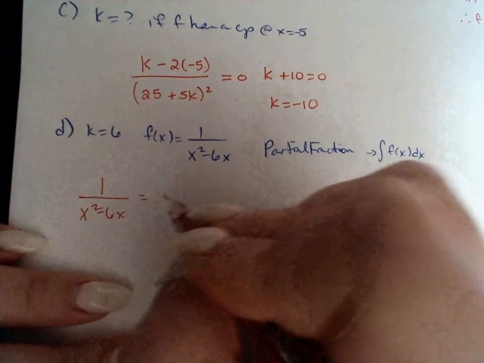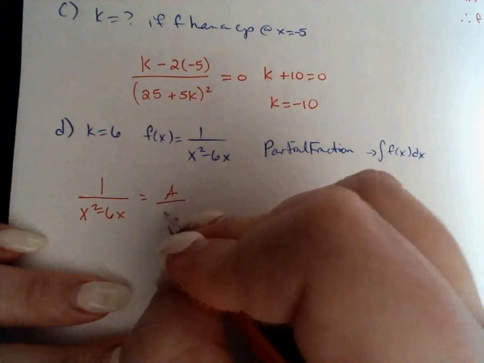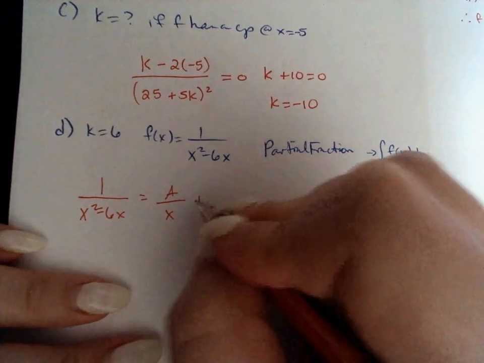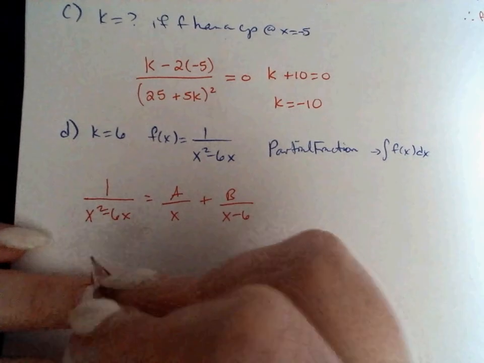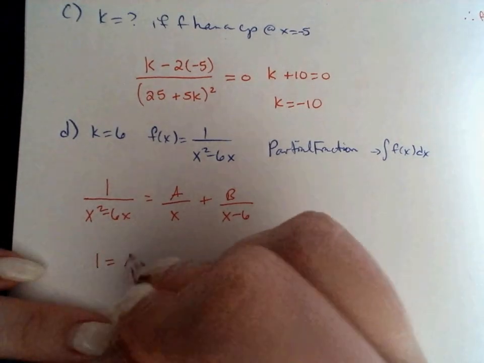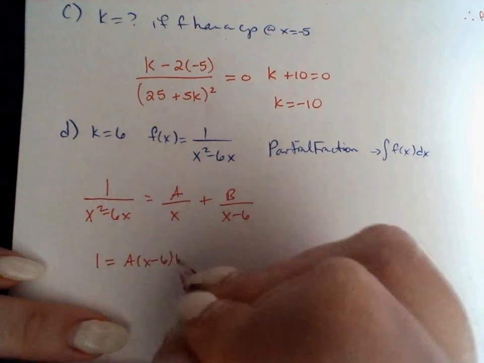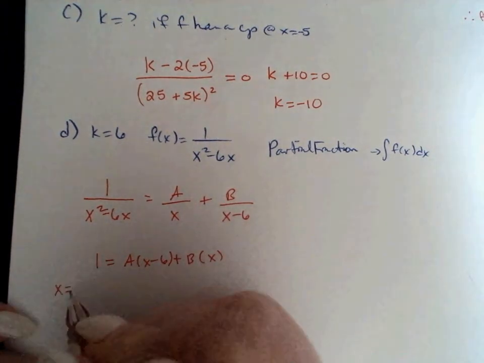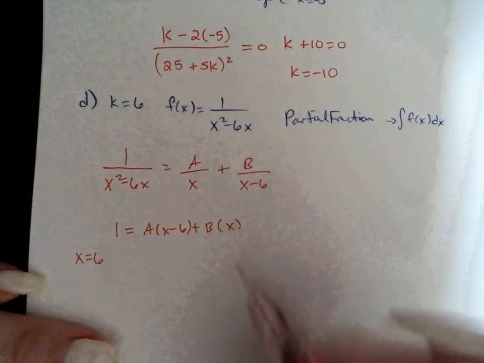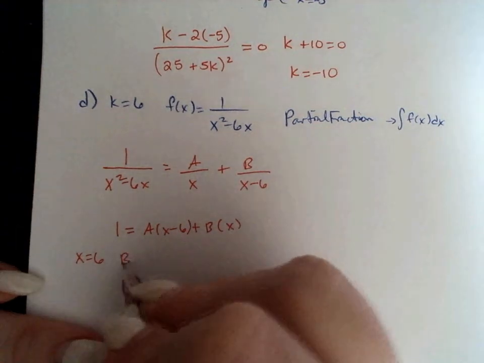Alright, looks fun. So we've got 1 over x squared minus 6x equals a over x, plus b over x minus 6. So that means 1 equals a times x minus 6 plus b times x.